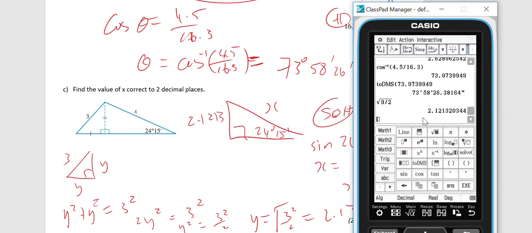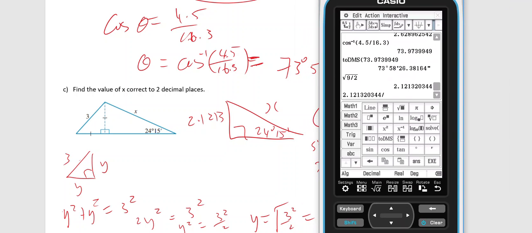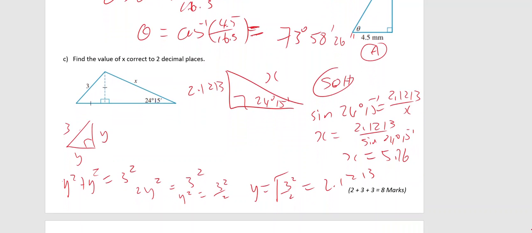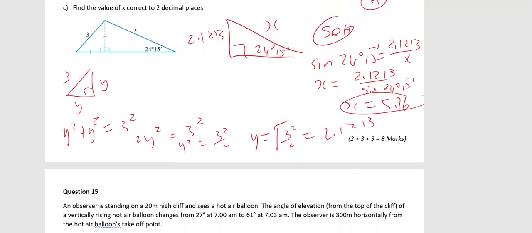So this divided by, for accuracy, I'm copying the whole value. This divided by sine 24 degrees 15 minutes, and I get 5.16. 5.16 doesn't have units, so you can't put in units, unfortunately. That should be your answer. Keep going.